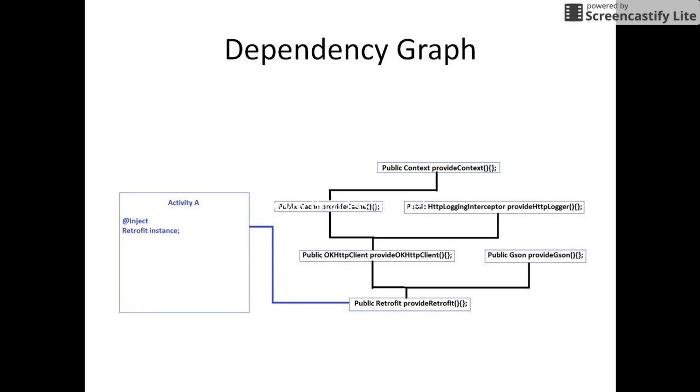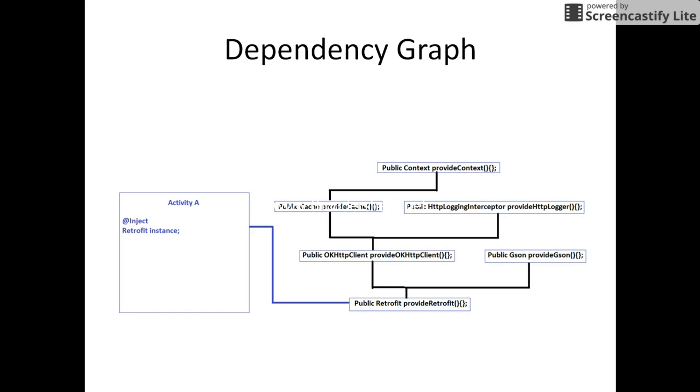If you see from the bottom to the top, all are dependent upon each other, and what Dagger 2 does is put this graph internally, and when we require any instance, it gets that from this graph.